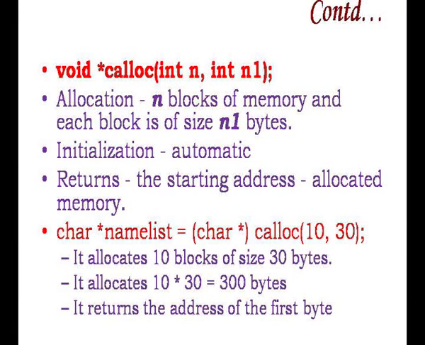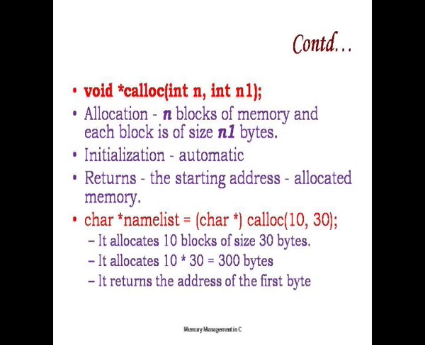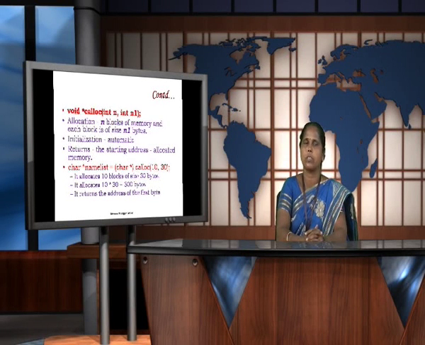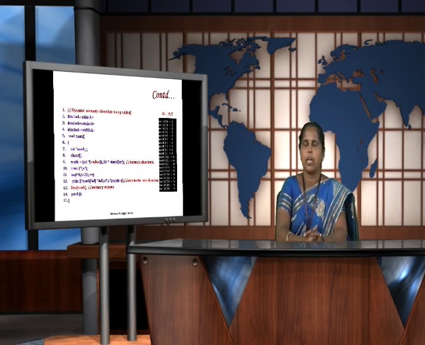The next function for memory allocation is calloc. It takes two parameters, one for the number of blocks and another for the size of each block. Normally calloc is used to allocate memory for array variables, where each variable requires the same size and n variables are stored.